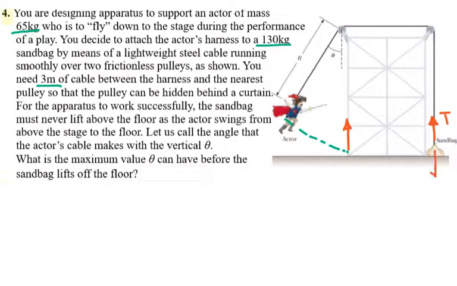And also, if the sandbox is the capital M and the actor is the lowercase m, then the forces acting here are mg and the tension, and here mg as well for the sandbox. And I also have centripetal acceleration because he is moving in a circular motion.